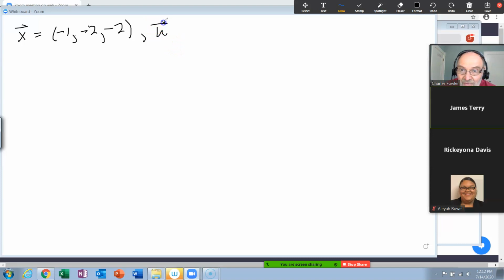Here's vector u. Vector u is 0, 1, 4. How many components do you see? 3. So we're in 3 space. Okay. Vector v: -1, 1, 2.